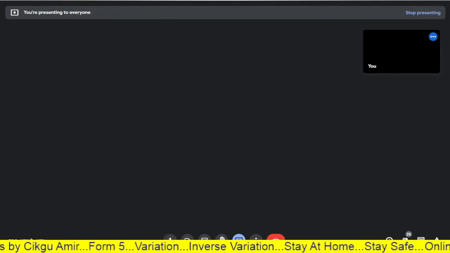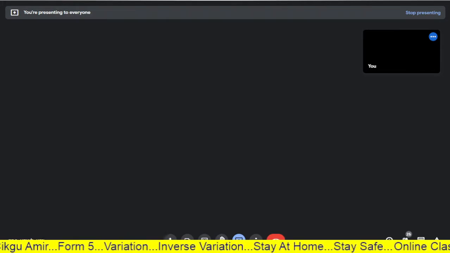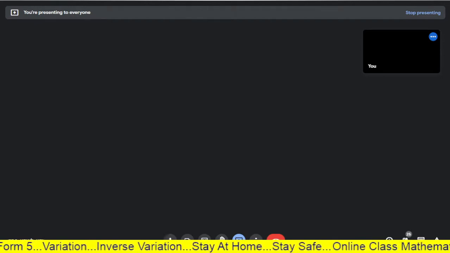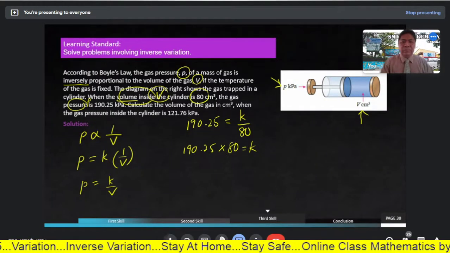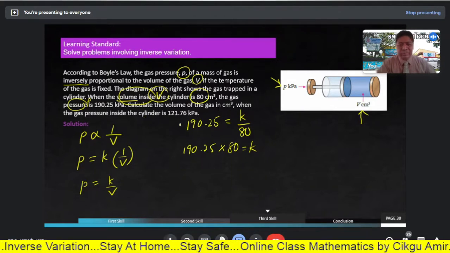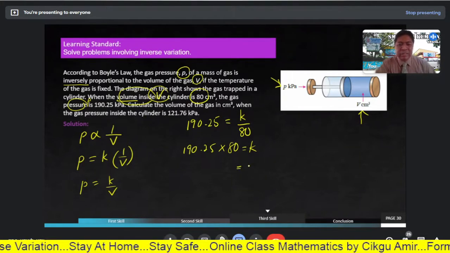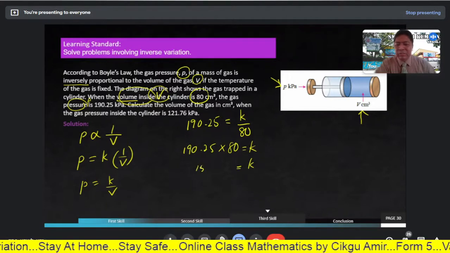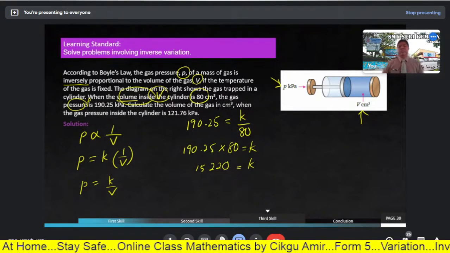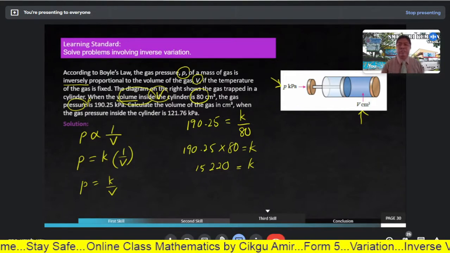Using your calculator, you have 190.25 multiplied with 80, and you get 15,220. Okay, huge value.